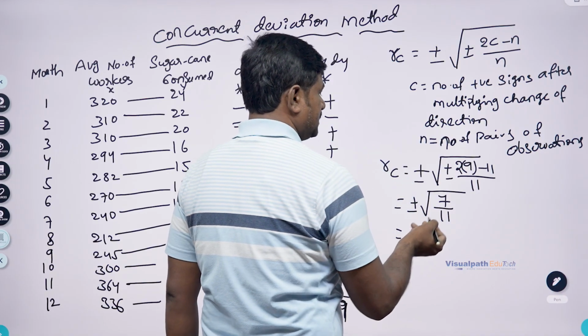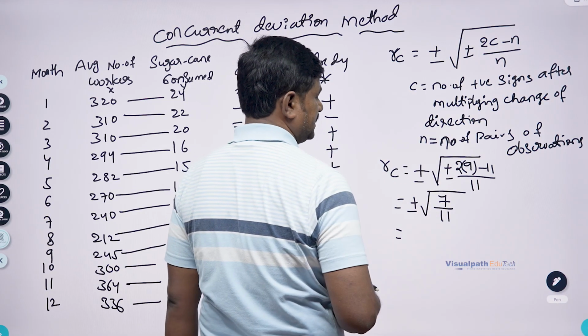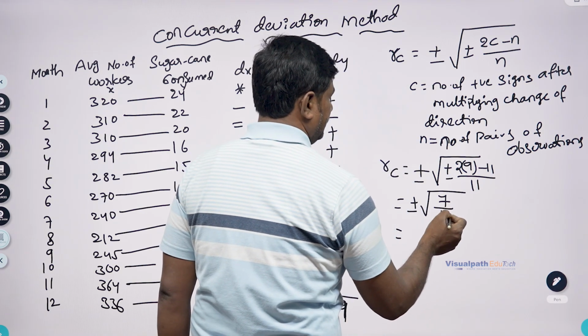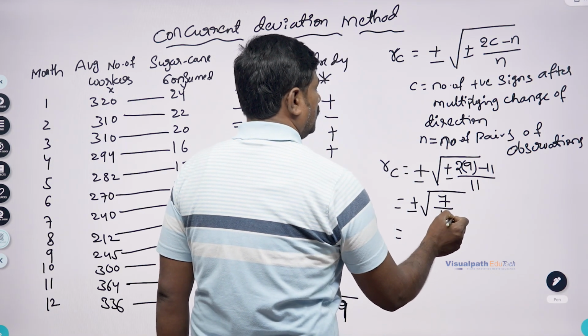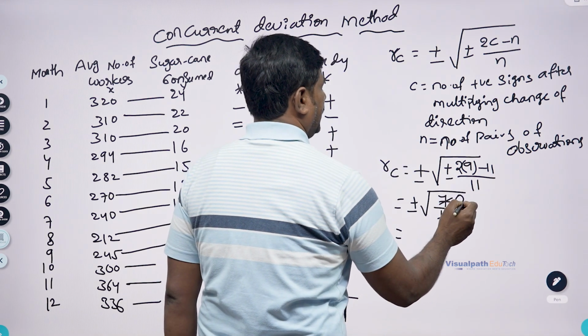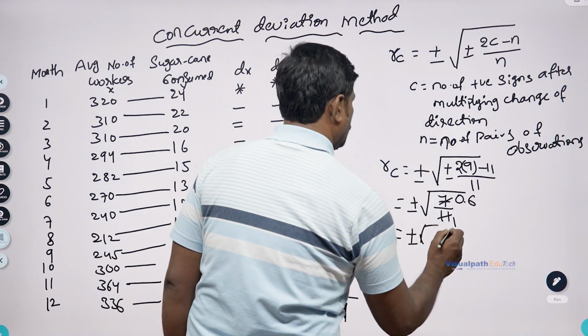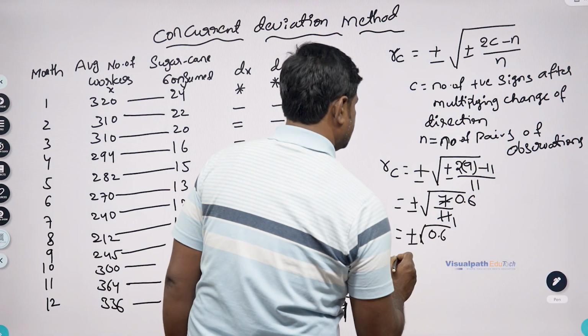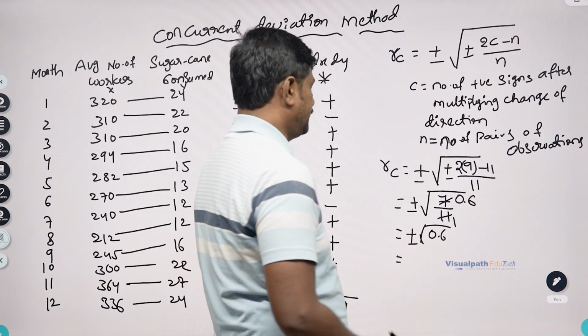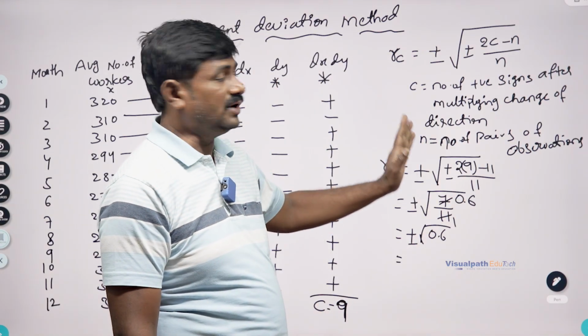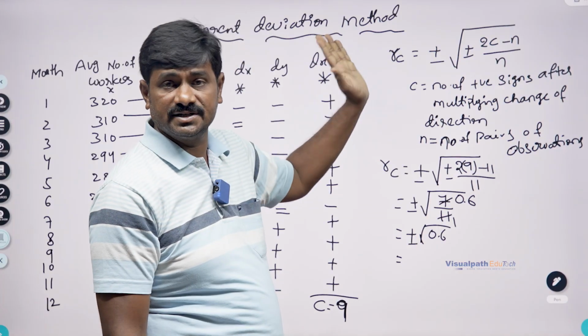So how much is it? 7 by 11. It is purely positive, 7 by 11, so root of 7 by 11. 7 divided by 11 is 0.64, so plus or minus under root 0.64. That is the answer we get for the correlation coefficient using the concurrent deviations method.